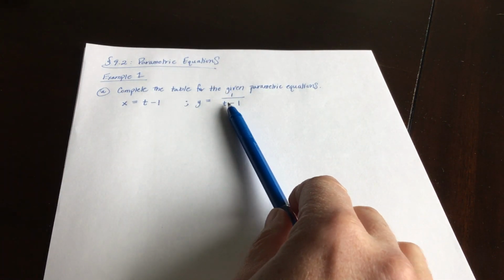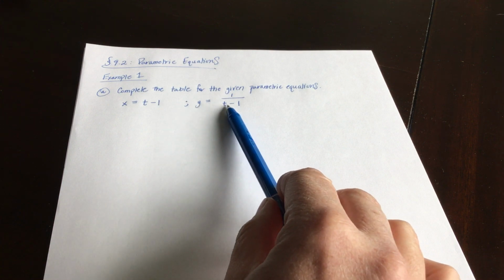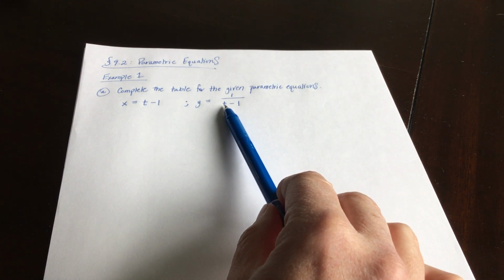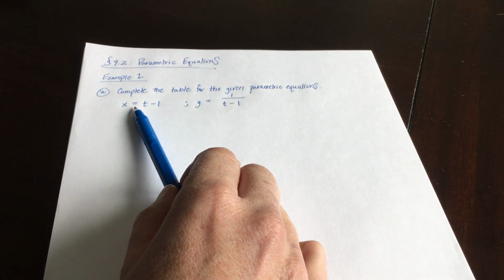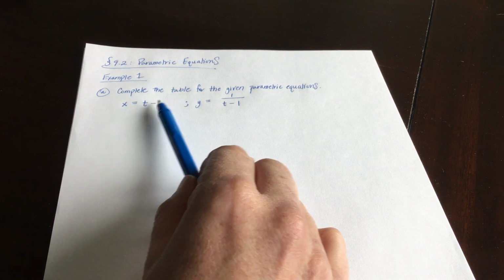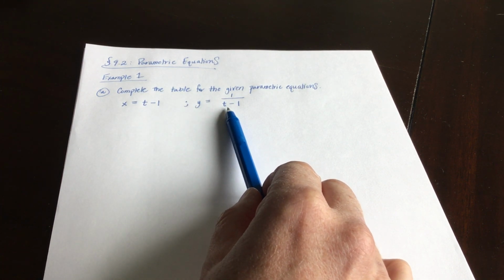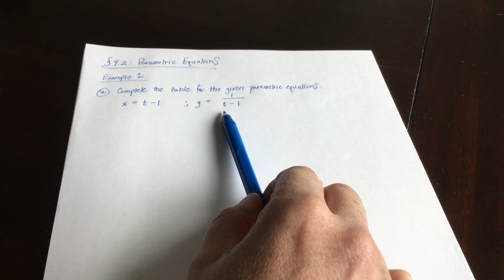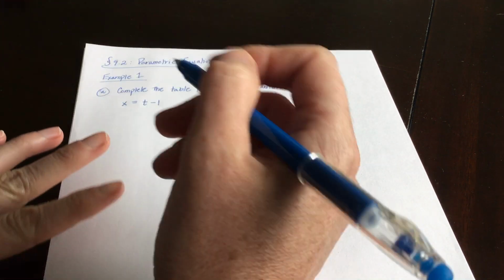And then maybe have a second person in charge of what, as time moves on, what happens to the vertical movement. And so you've got one person paying attention to how your X coordinate changes in relationship to time, and you have a second person paying attention to how your Y coordinate changes with respect to time. So oftentimes it's kind of easier to piece those things out a little bit.